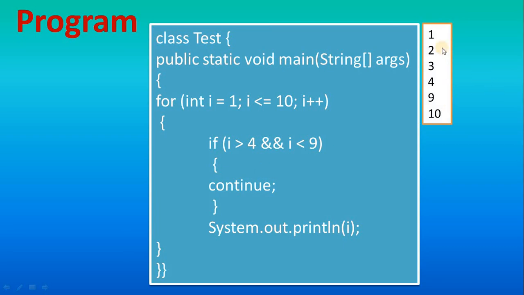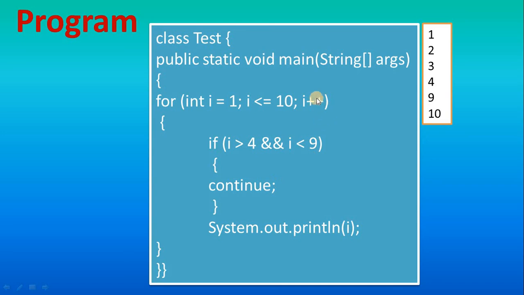So the output will be like that. Here we skip more than one iteration. The outputs coming are 1 to 4. I is 1, here the condition 1 greater than 4 is false, so it will skip this, and then it will show 1. Same procedure for 2, 3, 4. But once the value is 5, greater than 4 and less than 9, the condition is true, continue. Continue means what?